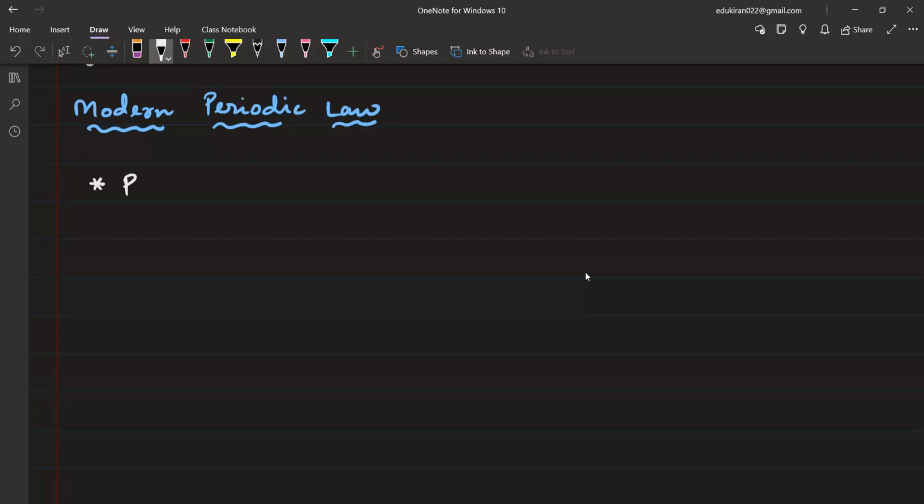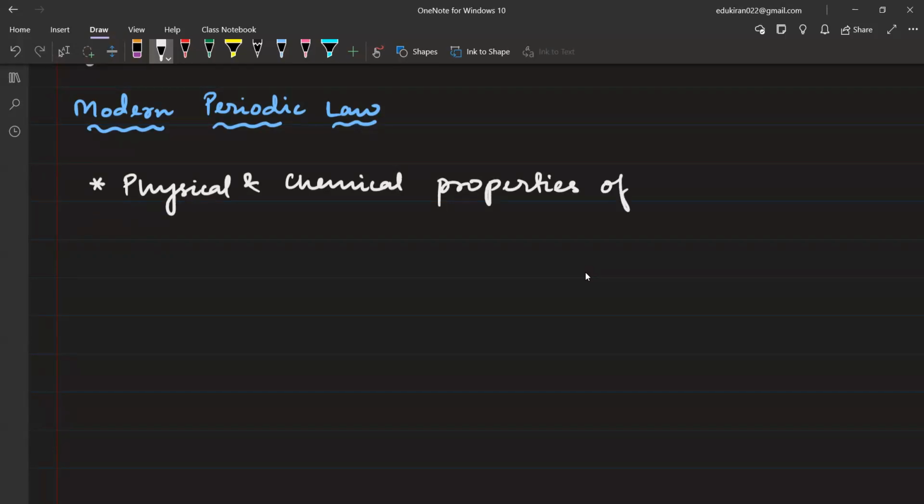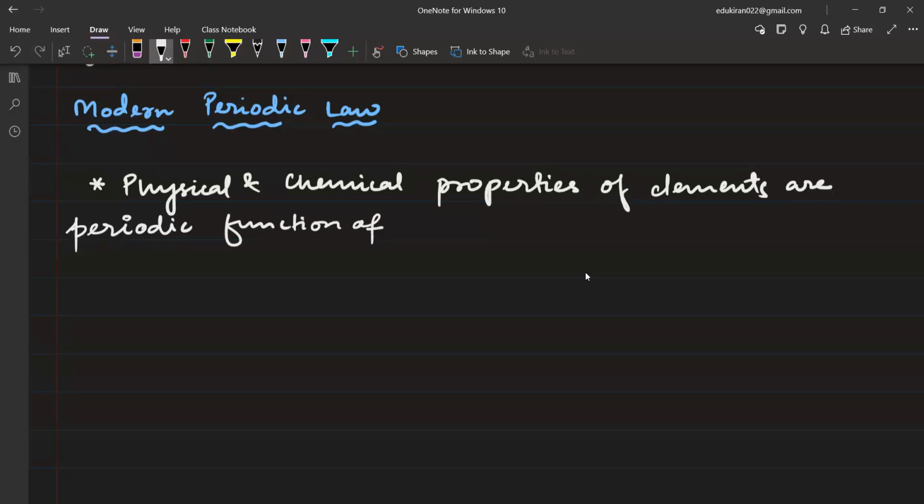Now, please write. Physical and chemical properties of elements are periodic function of their atomic numbers. So what does it mean?